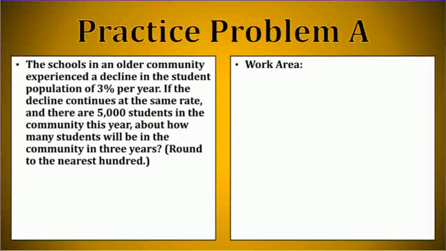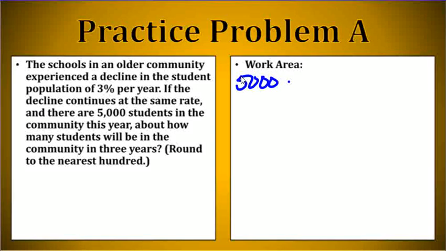Next, the schools in an older community experienced a decline in the student population of 3% per year. If the decline continues at the same rate, and there are 5,000 students in the community this year, about how many students will be in the community in 3 years? Round to the nearest 100. Since this one's a decline, we start off with 5,000 students.